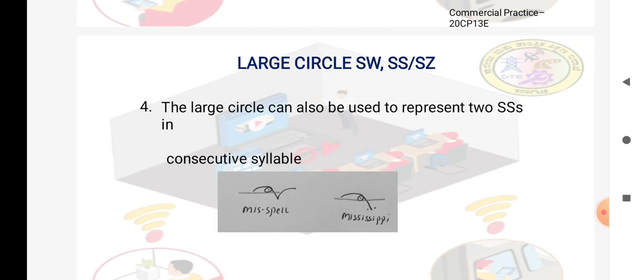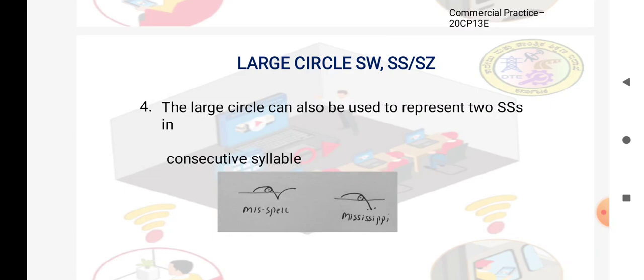Then you have another rule, rule 4. It says the large circle can also be used to represent two s's in consecutive syllables. To understand this particular rule, you have to know what a consecutive syllable is. When there is the sound of two s's which join two parts of a word, you represent that as a consecutive syllable.